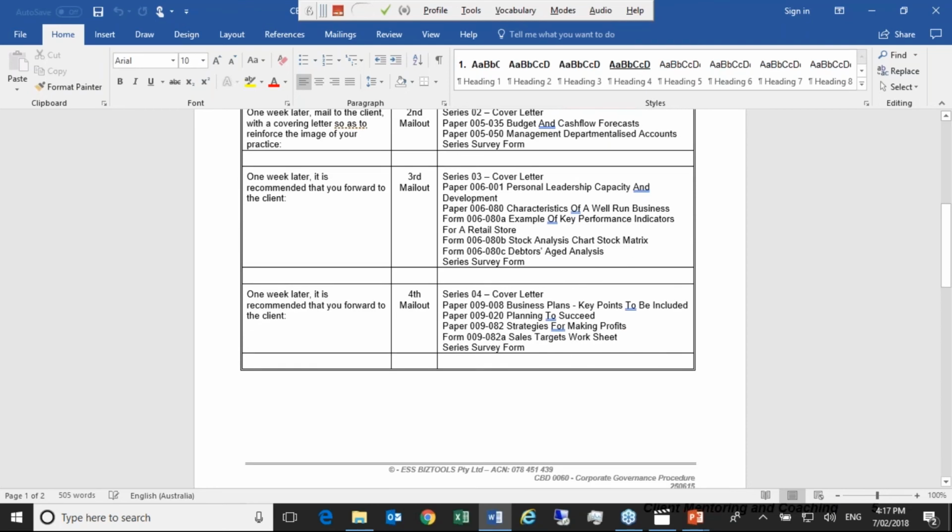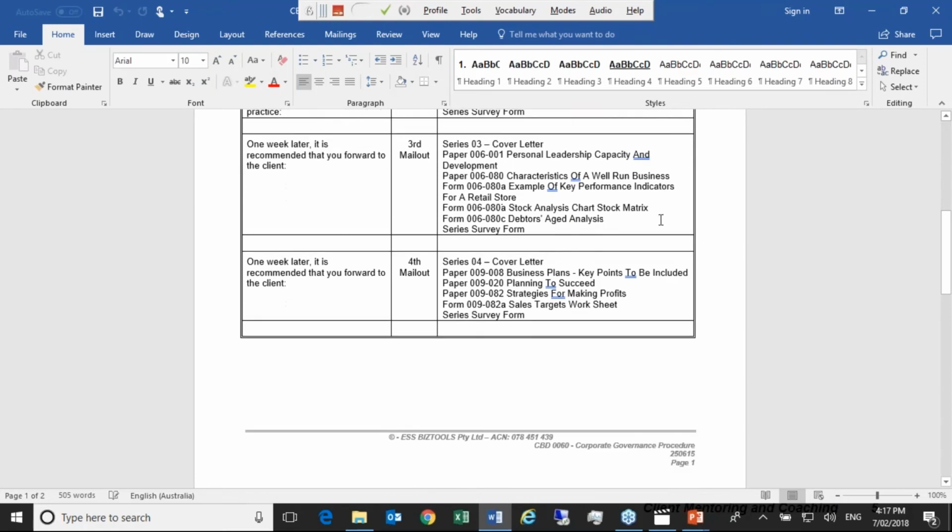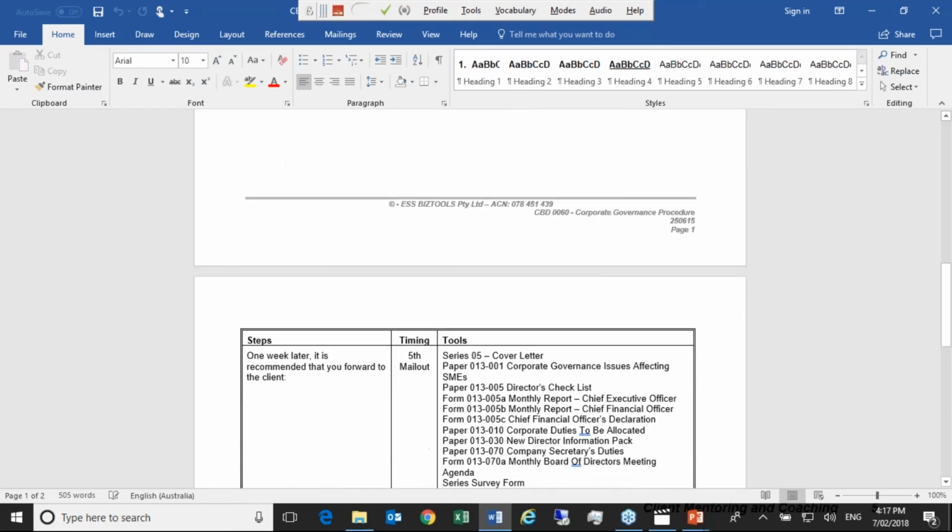We then bring in an introduction to leadership, personal leadership capacity and development, characteristics of a well-run business, looking at some stock control issues. And then we move into some aspects of planning and the development of business plans.